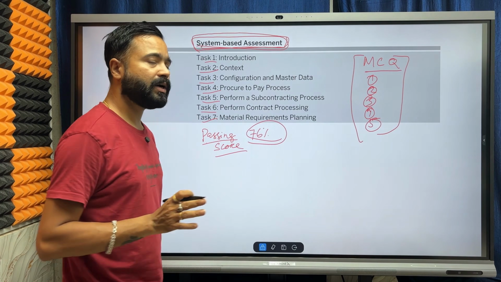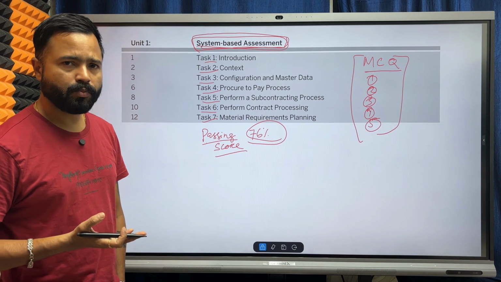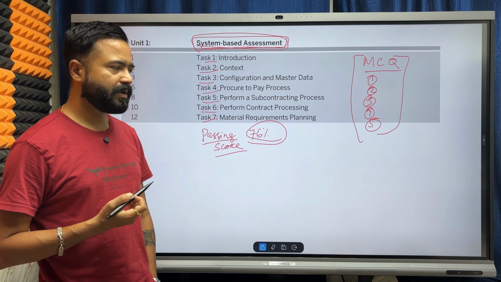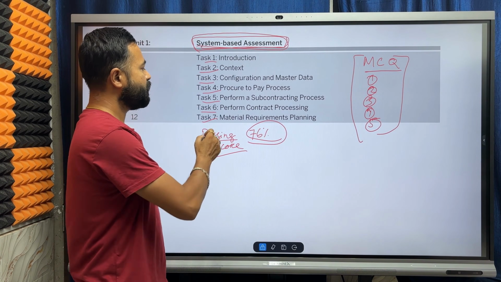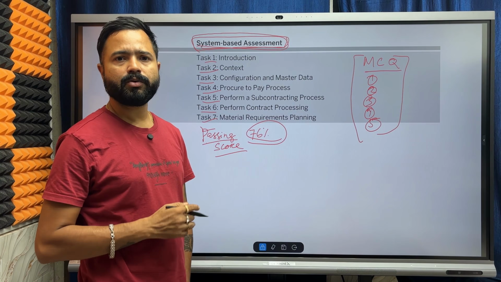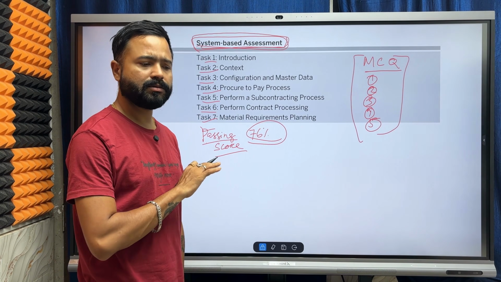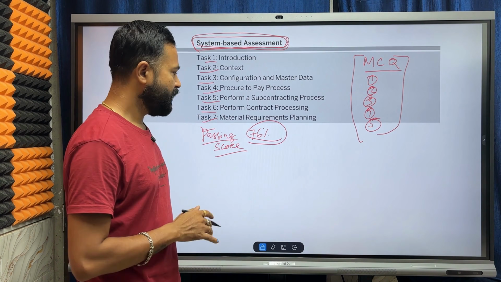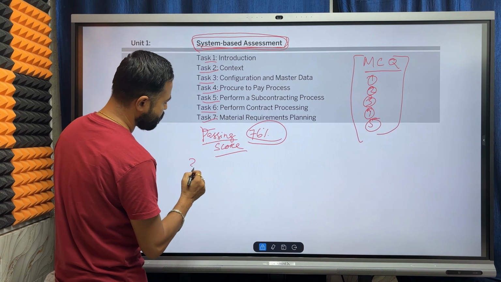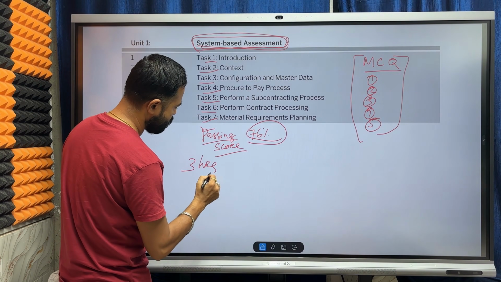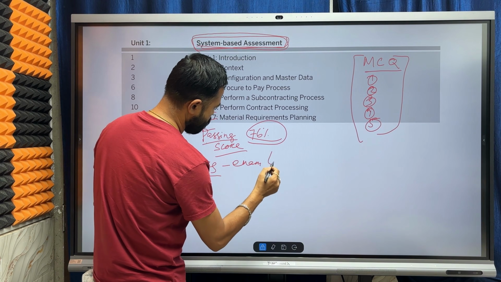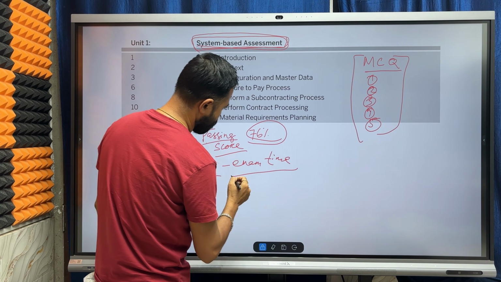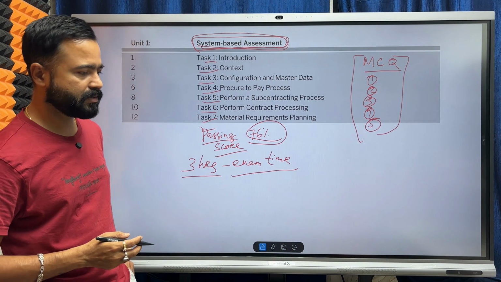Right now we don't have a proctored exam. Previously you had a proctored exam, but this is a non-proctored exam. No one is watching you, but there is a time limit of 3 hours.